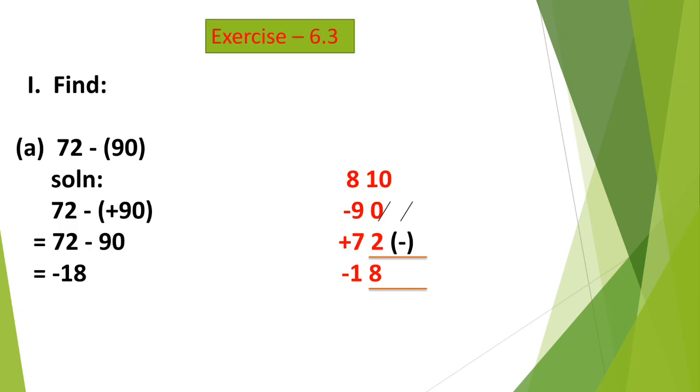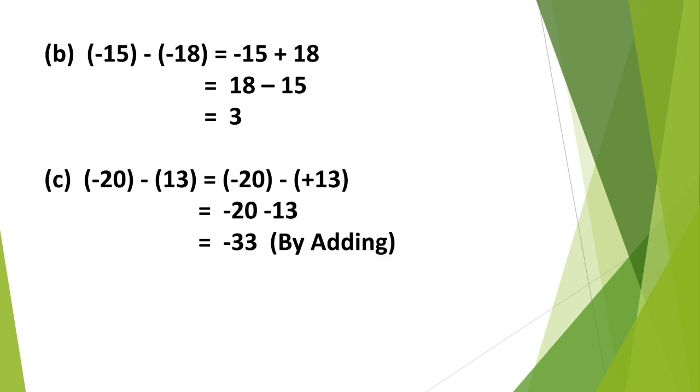In the first sum, we are multiplying minus into plus, minus, then subtracting, taking the highest number's sign. Here also, in the second sum, minus 15, minus into minus is plus, and then we are rearranging the numbers and subtracting normally.